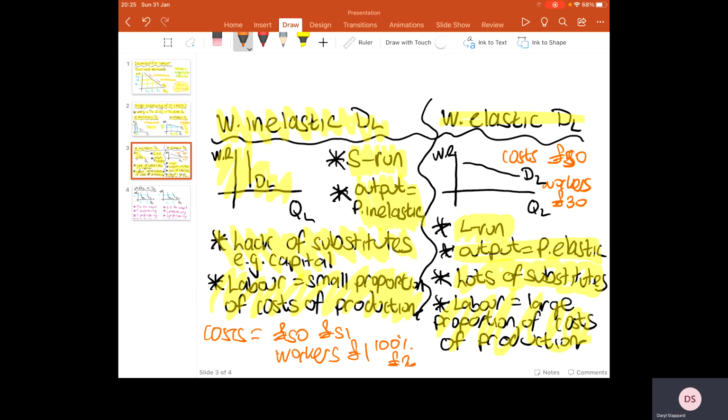Now, if workers demanded a 100% pay rise this time, then suddenly workers will be getting £60, and that will increase the cost of production from £50 up to £80 instead. That's going to have a really significant impact on the cost of production, and that will be difficult for firms to be able to give to their employees. So that will probably lead to a significant contraction in the demand for labour.